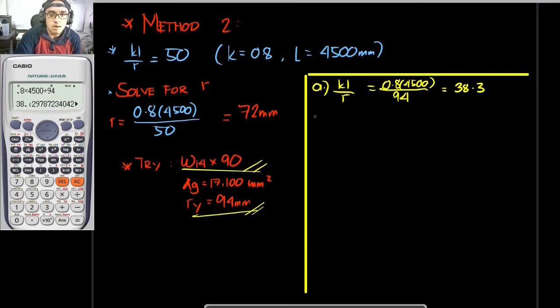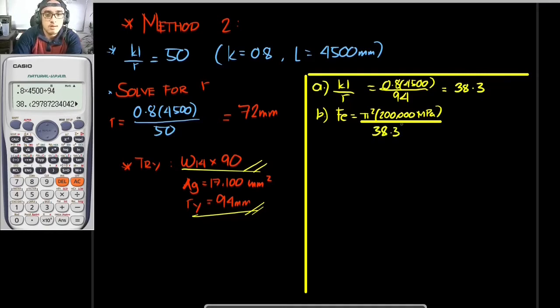We would now be solving for Fe. Fe is equal to pi squared E over (KL over r) squared. So pi squared times E, which is 200,000 megapascals, divided by KL over r squared, and our KL over r is 38.3.